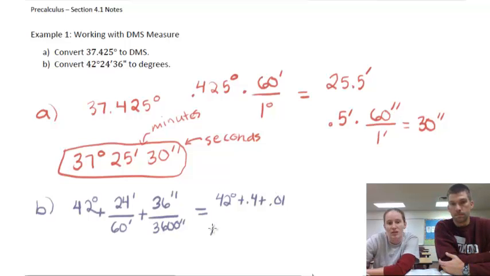So that should be 42.41 degrees. Not hard. So it's just the opposite. This way you multiply the decimal part, and this way you divide by how many minutes there are and how many seconds there are.